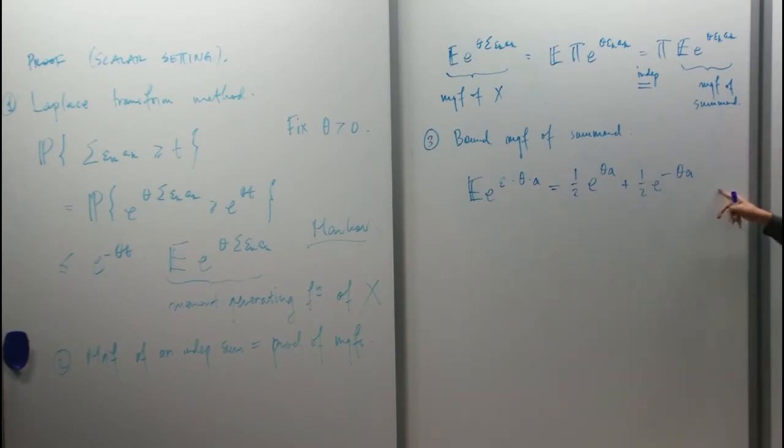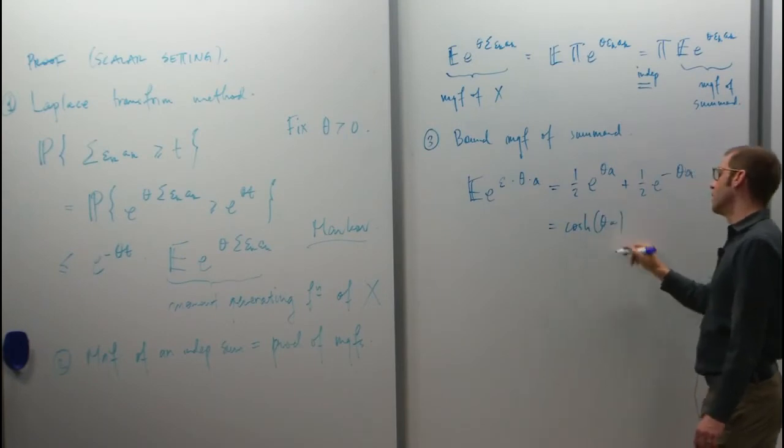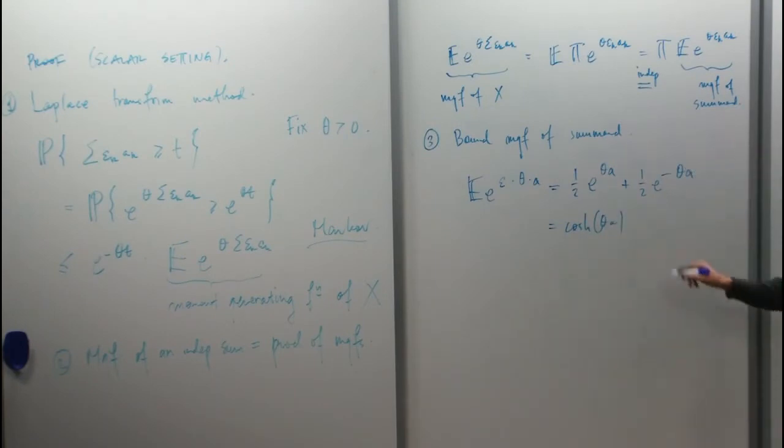Does this look familiar? This has got a name. It's the hyperbolic cosine of theta a. I'm cleverly going to bound this by the exponential of theta squared over 2 times a squared. To know that this is the right bound, it helps to fiddle around for a while.